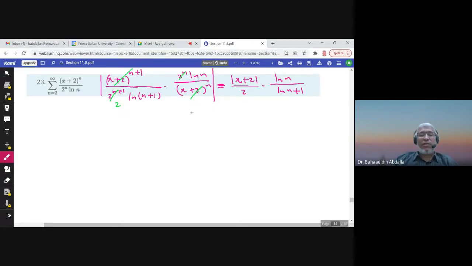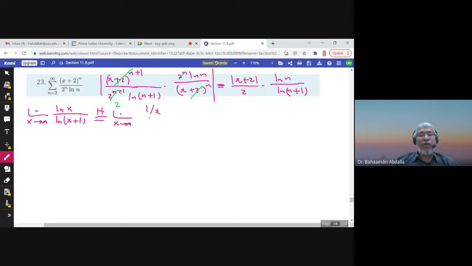Well, the limit of ln n over ln n plus 1 when n goes to infinity will give you infinity over infinity. So I'm going to use L'Hopital's rule with the functions ln x over ln x plus 1. Now infinity over infinity, so I use L'Hopital's rule.